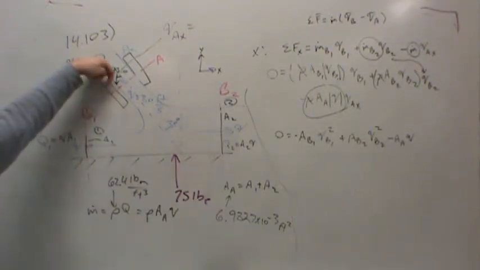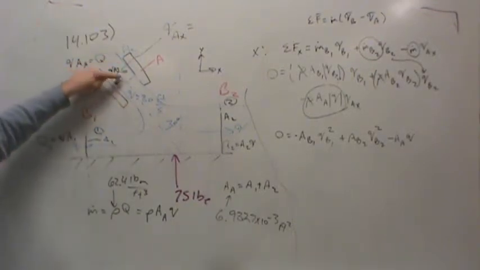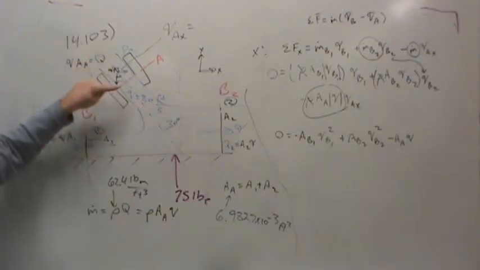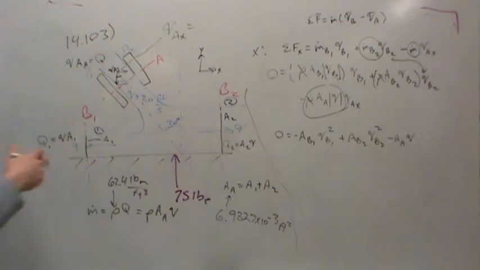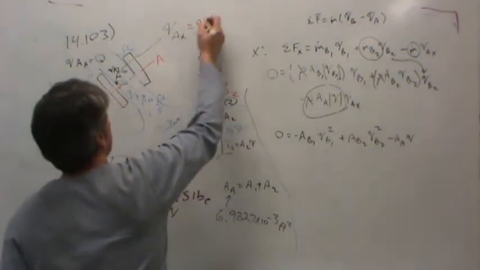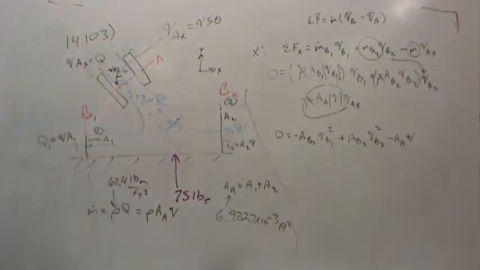Well, we use sine, not because it's in the horizontal direction, but because the angle touches the vertical side. So if we want this side, the angle's kind of like shining on or looking at the other side. So we have to use V multiplied by sine of the angle. So far, so good?